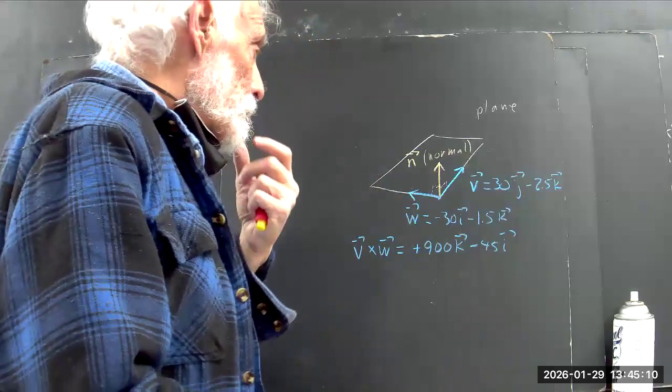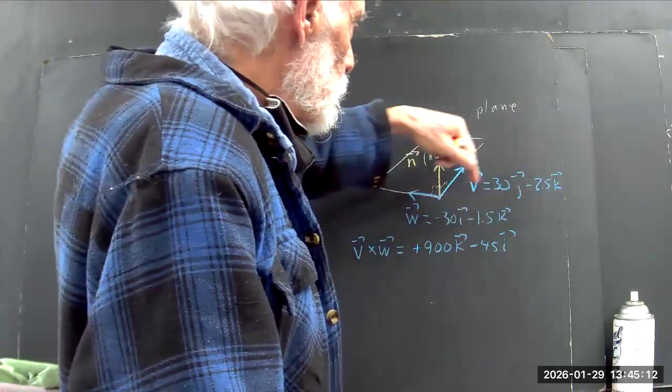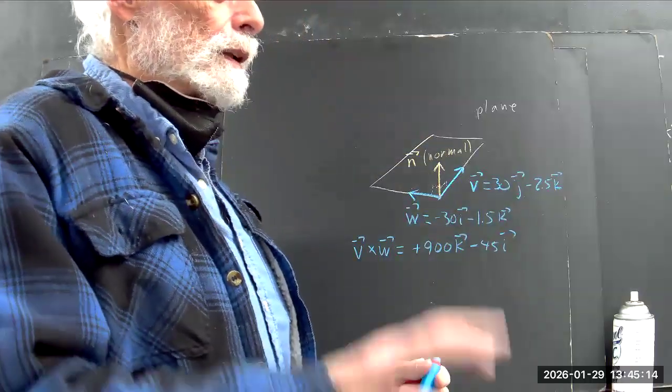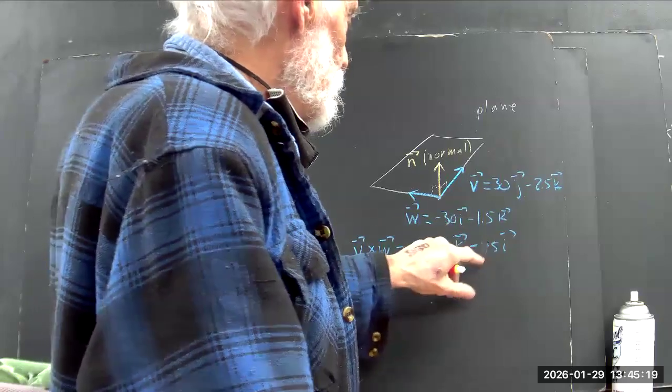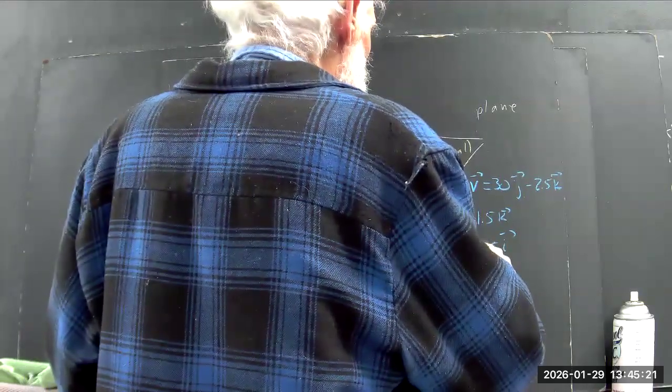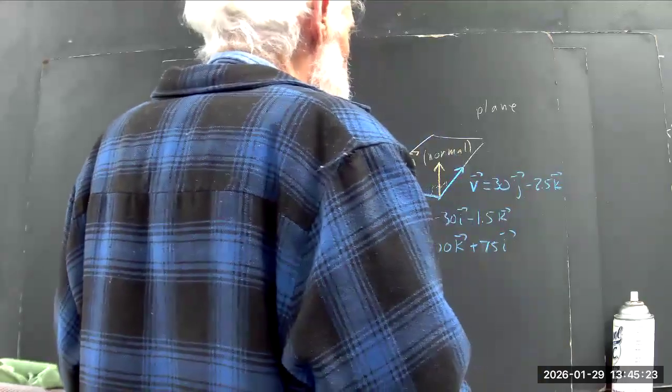Okay. And then V cross W, K cross I, you got K, you got I, you get J. Negative 2.5 times negative 30 is plus 75.